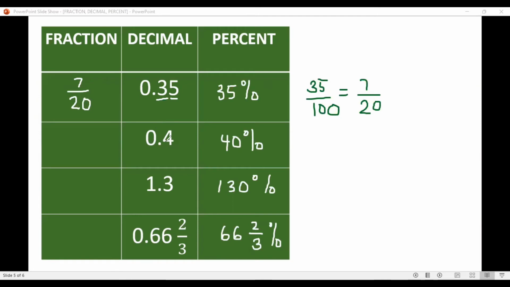Okay, and then 0.4. If you are going to look into the place value of this, it's simple. It's as simple as 4/10. So 4 over 10, because that is the place value it holds. Therefore, 4 over 10 is divisible by 2. So 4 is divisible by 2, and so is 10.